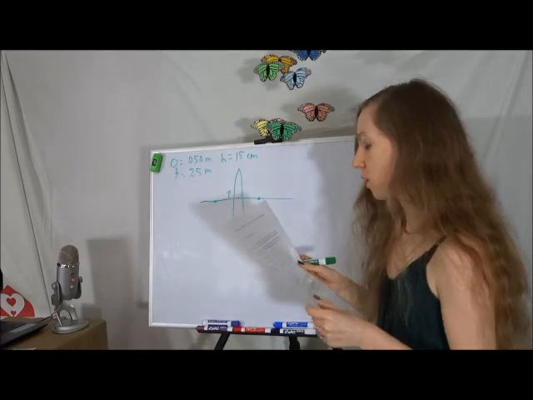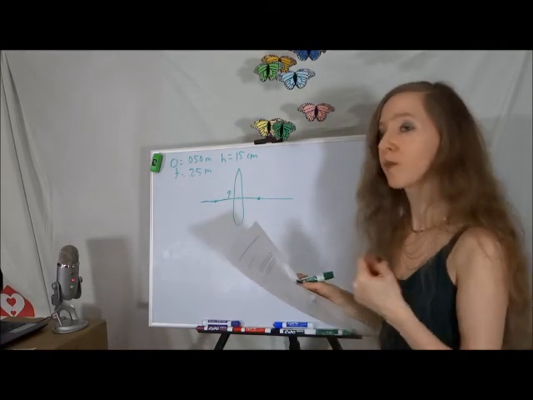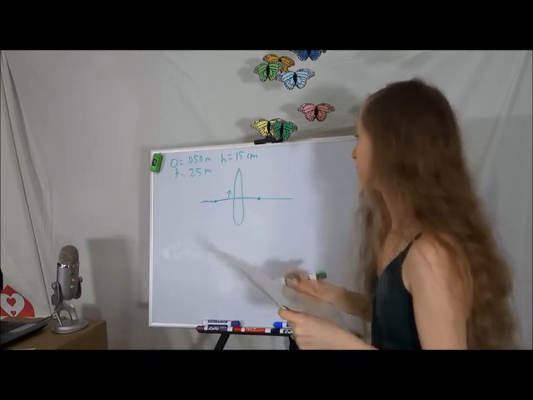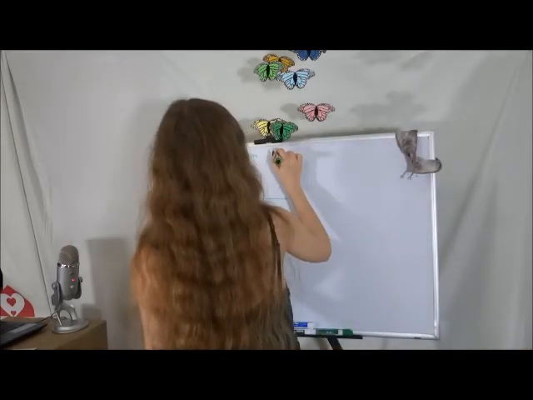And so we want to know, first, what type of image will be produced, and by that I mean real or virtual. And then we want to know how tall the image will be. So part A is what type of image.